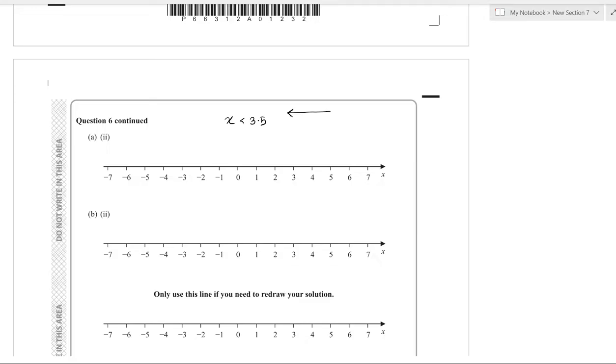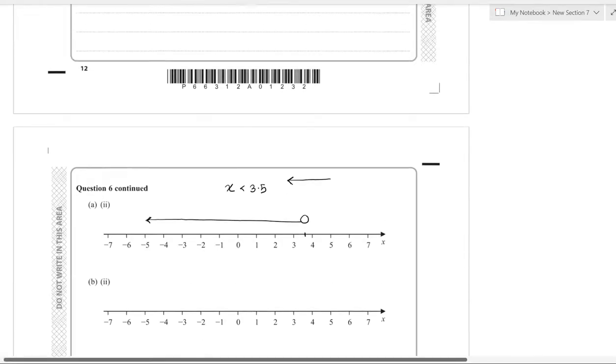So less than always indicates arrow towards left. So you have 3.5 here, as the inequality was not less than or equal to, it was just less than. So there will be a blank circle on 3.5 and there will be an arrow towards left from that blank circle. So part 2 is clear.